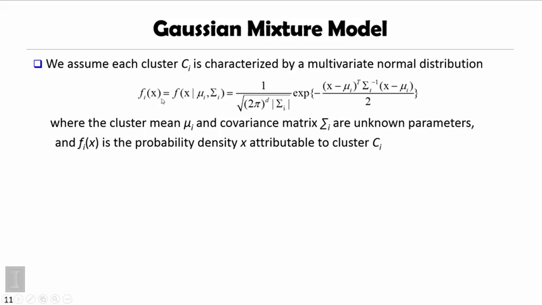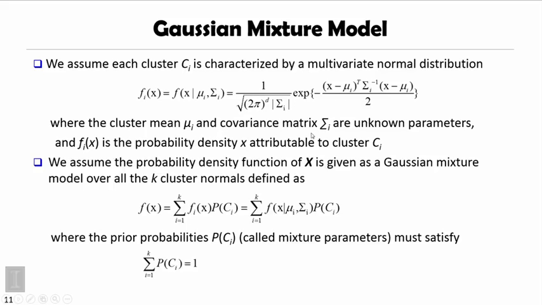That means we can represent this density function of x under the cluster C sub i. Its parameters are mu sub i and sigma sub i. Mu sub i is the mean, and sigma sub i is the covariance matrix for cluster i. And we can write it in the typical Gaussian distribution form for multivariate.